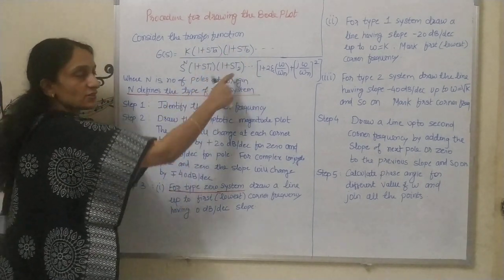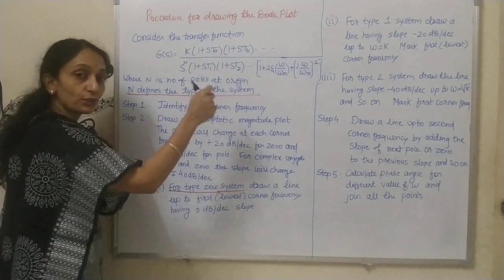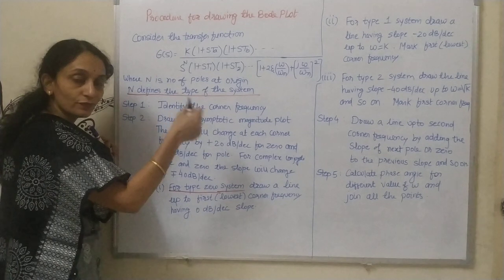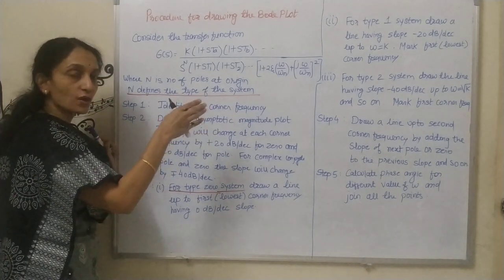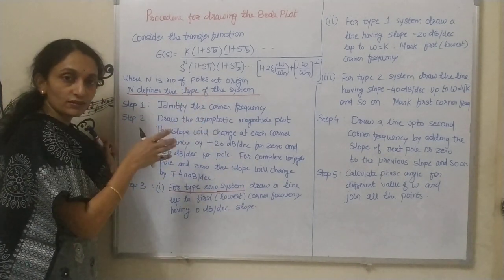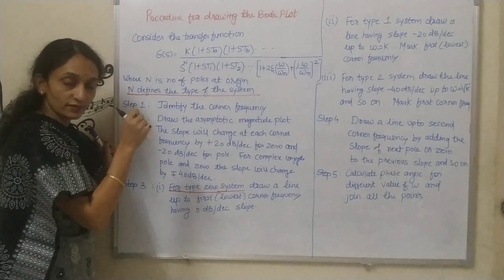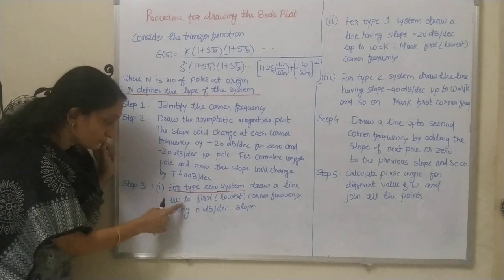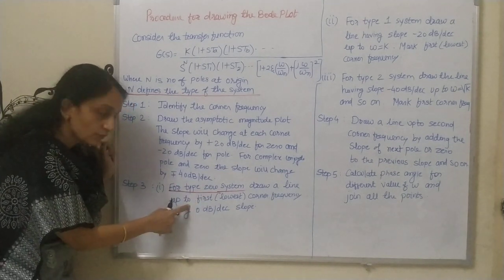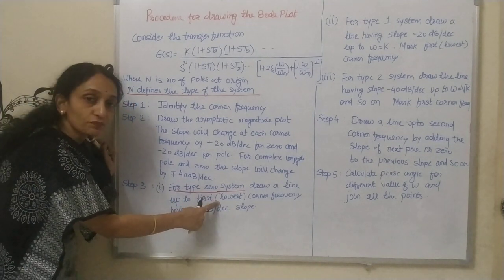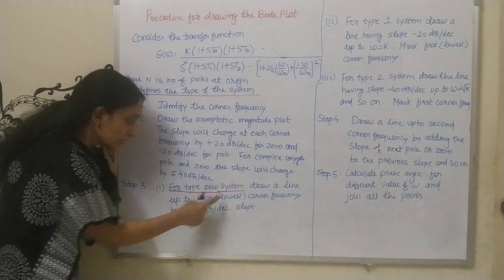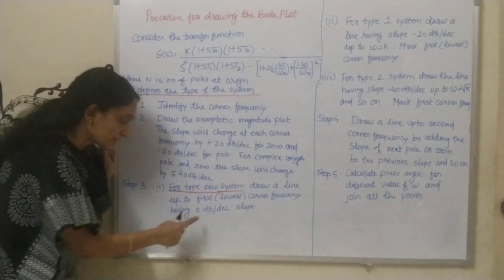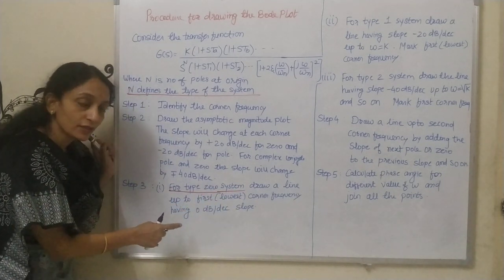Look at this, from this transfer function you will get number of corner frequency. So how you will rearrange? You will rearrange the corner frequency in ascending order, that is in increasing order. So what I will consider here for type 0 system, first of all find out the lowest corner frequency. So draw a line up to lowest corner frequency having 0 dB per decade slope.